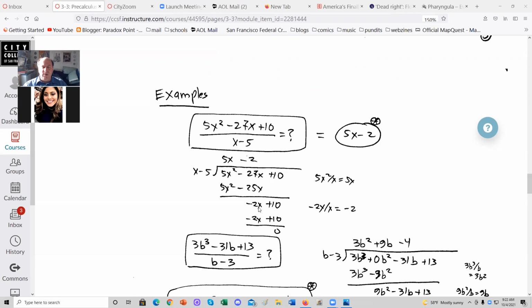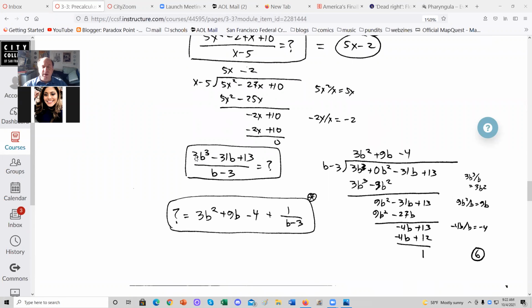Subtract, we're left with a negative 2x plus 10. Negative 2x over x is a negative 2 in the quotient. Negative 2 times x minus 5 is negative 2x plus 10. Subtracting, we get 0 remainder. And so this ratio will just be the quotient, 5x minus 2, with no remainder.